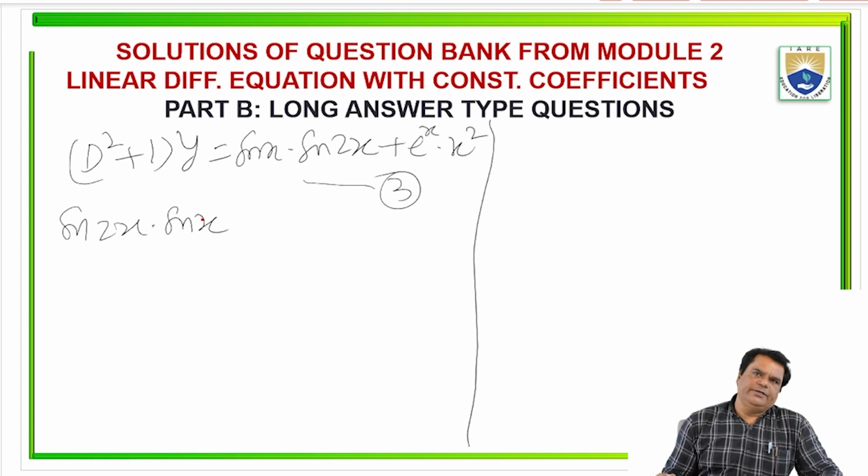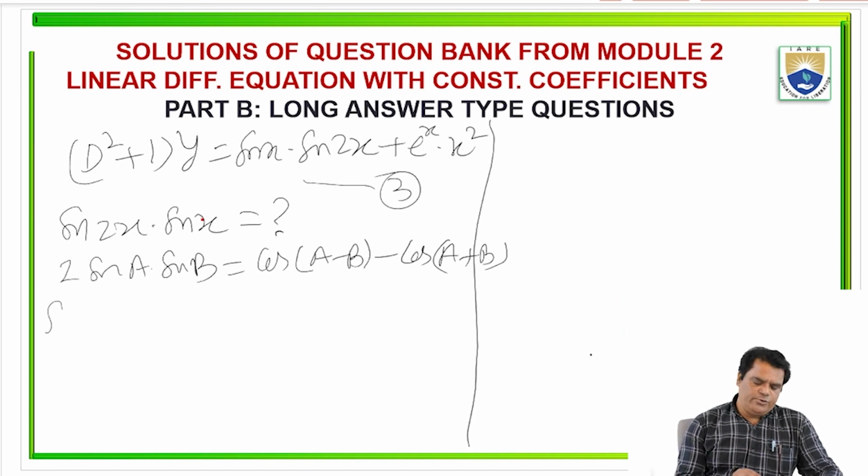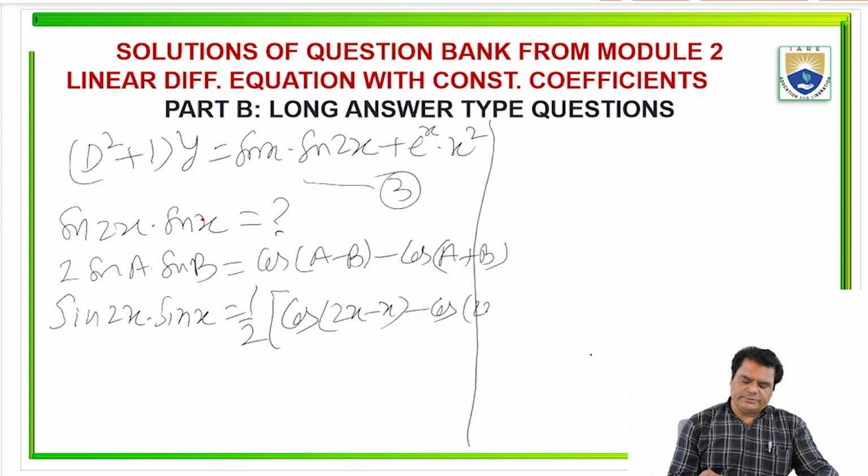Here we put the formula for sin 2x into sin x: 2 sin A sin B is cos A minus B minus cos A plus B. So sin 2x into sin x is equal to 1 upon 2, cos 2x minus x minus cos 2x plus x.